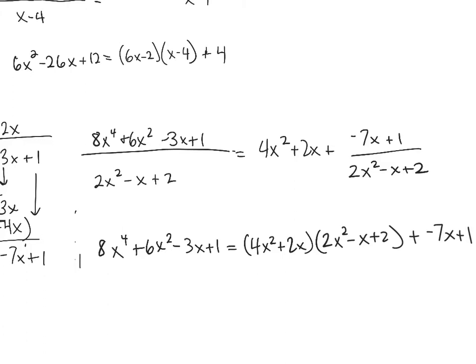So if we had started with just 8x to the fourth plus 6x squared minus 3x plus 1, this doesn't factor using traditional factoring techniques. But if we use long division and get a remainder of 0, then we can find two factors of the polynomial. So that's where we're going with this. Now, we do have a remainder here, so that proves that neither of these two expressions is a factor of 8x to the fourth plus 6x squared minus 3x plus 1.